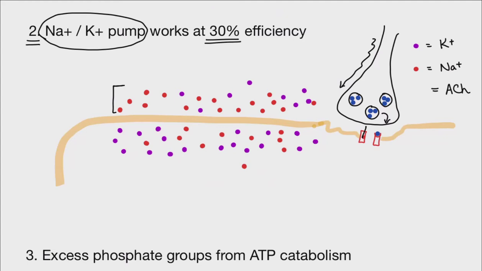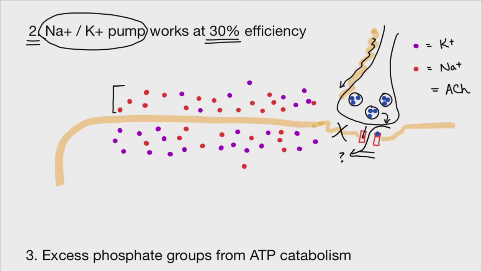So now this cell doesn't have a very strong gradient of either sodium or potassium, and this motor neuron says, okay, time to go again, and you fire action potentials, we release acetylcholine, we open up this gate, and does any sodium come in? Well, if it does, it's probably not enough to create the graded potential needed. So in other words, no action potentials happen.